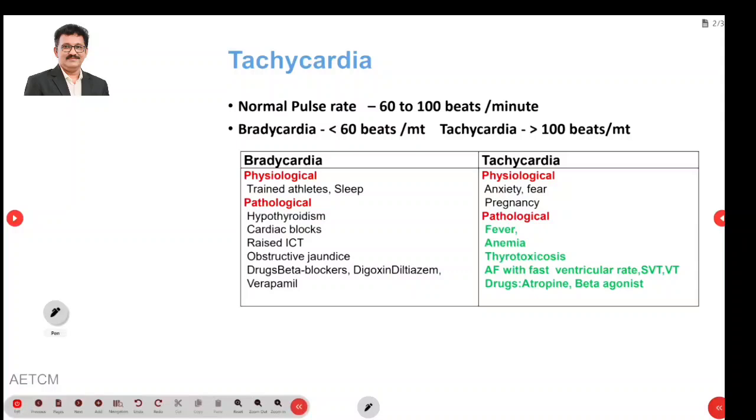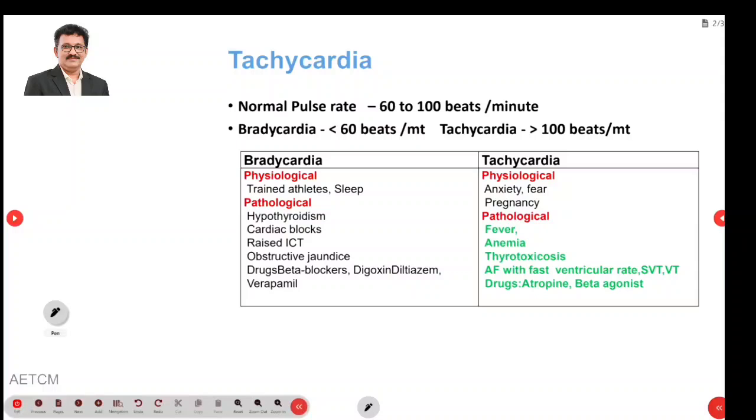There are multiple reasons for tachycardia and bradycardia. We will see the tachycardia first. It can be physiological because of anxiety, fear, pregnancy and all. Pathological, it can be due to fever, anemia, thyrotoxicosis and cardiac diseases like atrial fibrillation, SVT, VT, and some of the drugs like beta agonists and atropine.